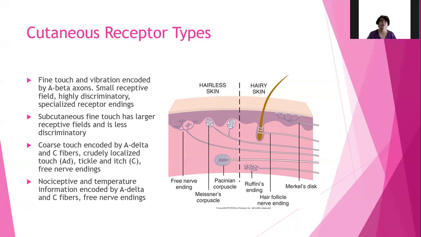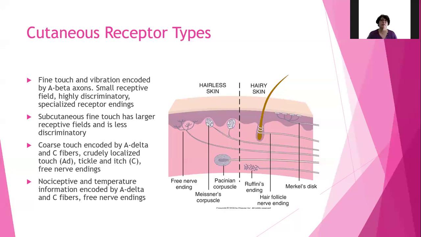Coarse touch is encoded by A delta and C fibers, and it's crudely localized touch, which is A delta, or tickle and itch, which is C fibers, which are free nerve endings. All of those things can be nociceptive if the information being coded is potentially dangerous to tissues.